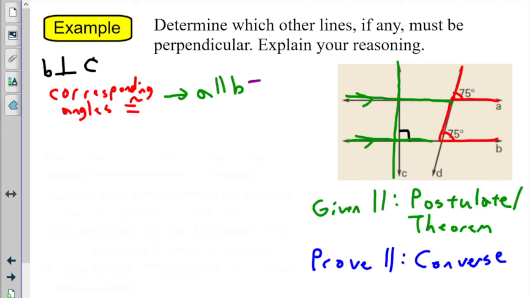That creates more corresponding angles because I have top right matching with top right here. And now that I know the lines are parallel, I'm guaranteed that those angles are congruent because they're corresponding angles.